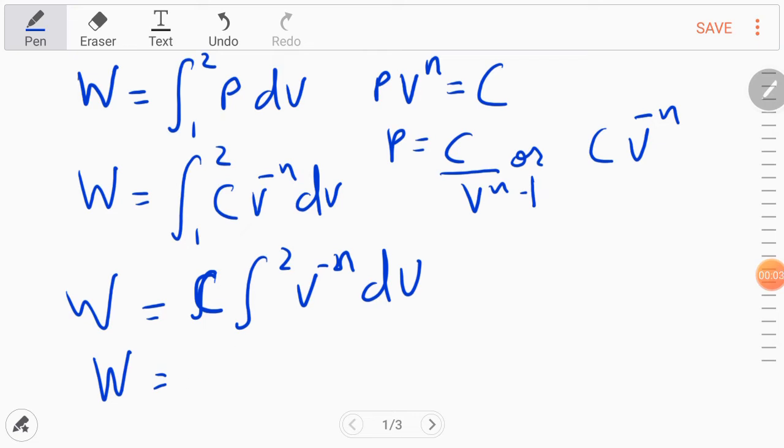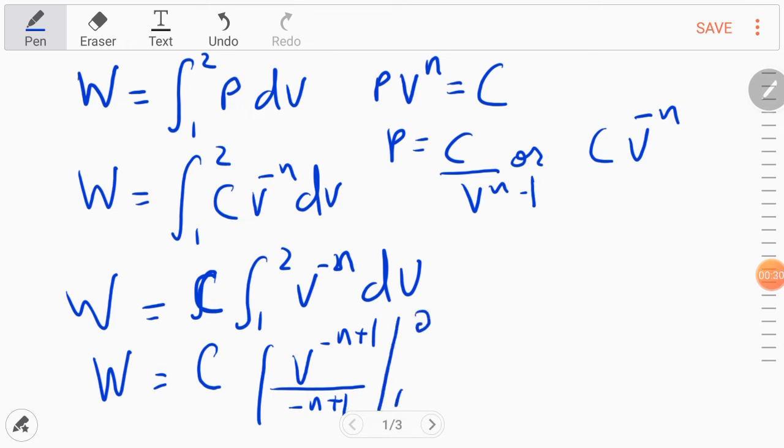In this case we have V^(-n) dV, so we apply a simple integration solution, that is V^(-n+1) over (-n+1), applying limits from 1 to 2. So this is a simple integration of V power minus n dV.